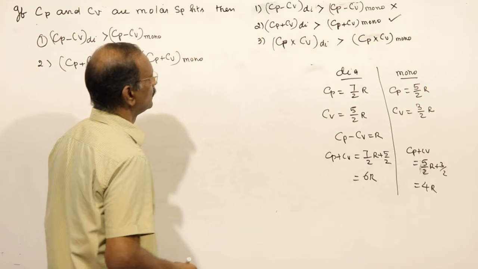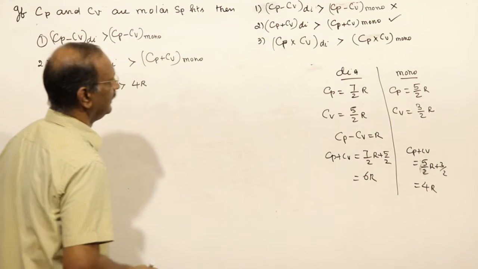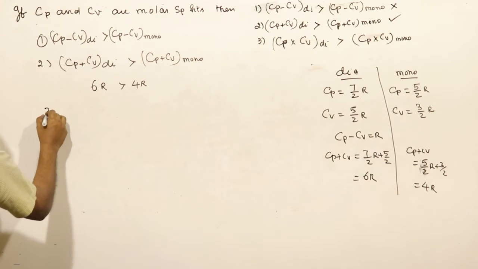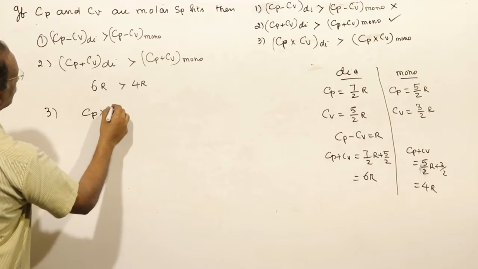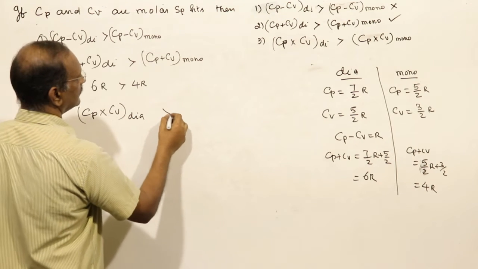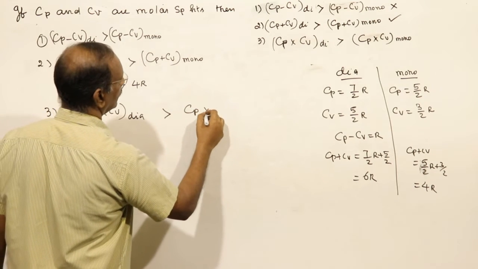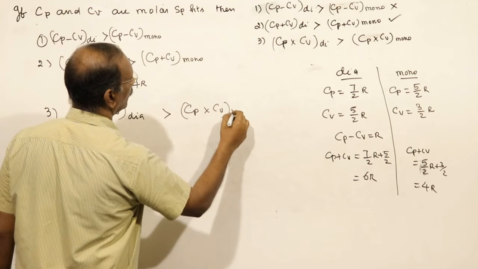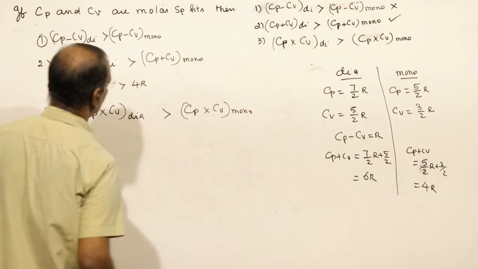Then the next one is Cp into Cv of diatomic being greater than Cp into Cv of monoatomic gas.